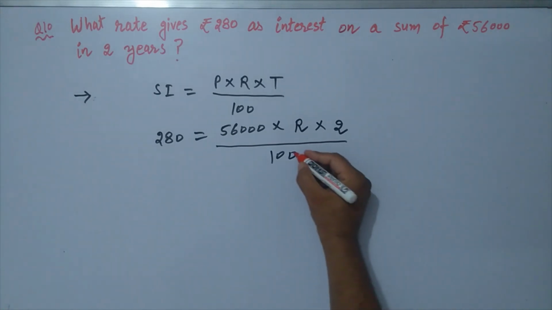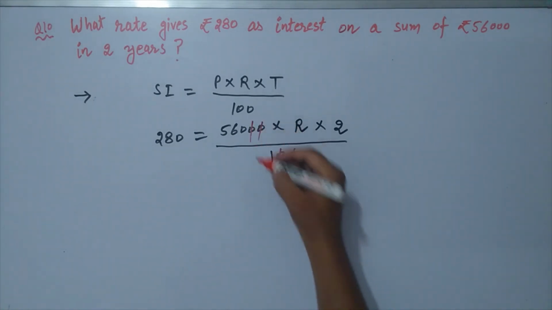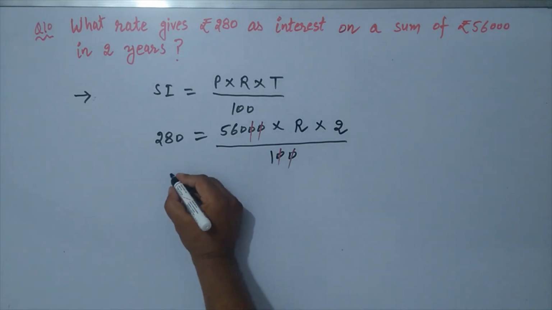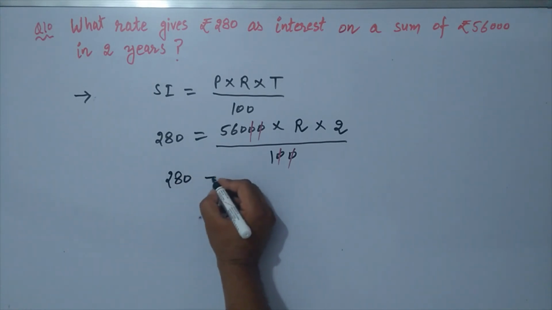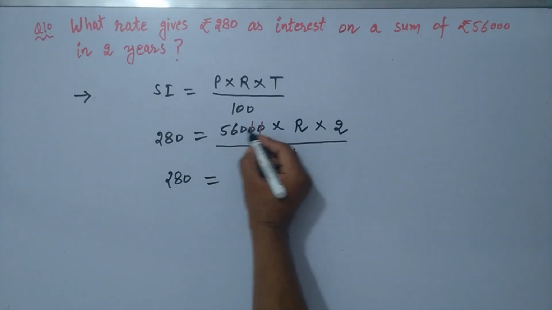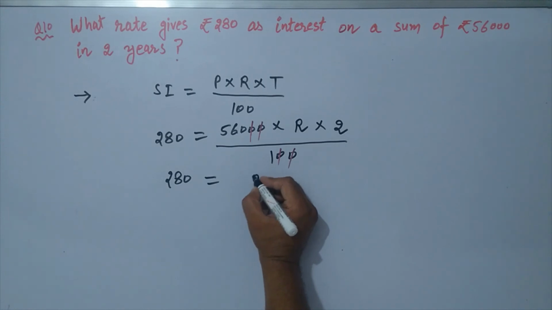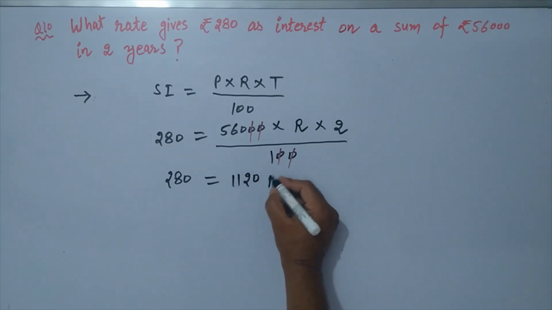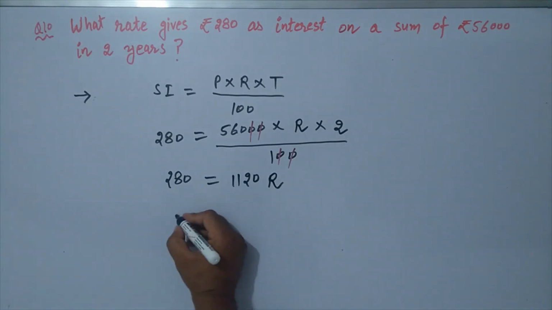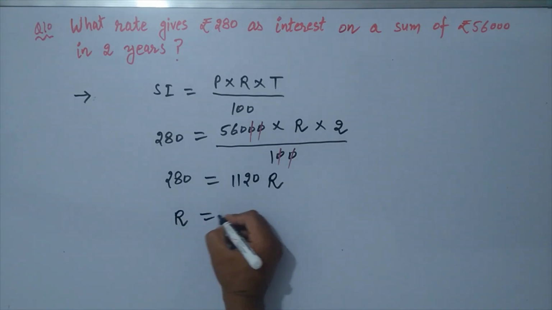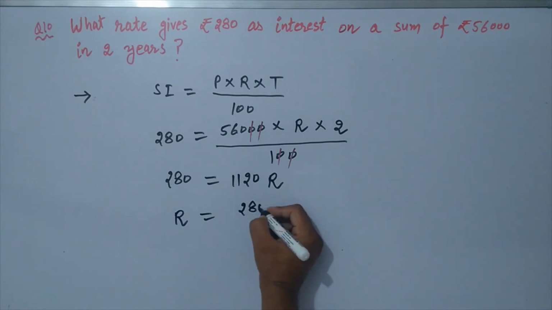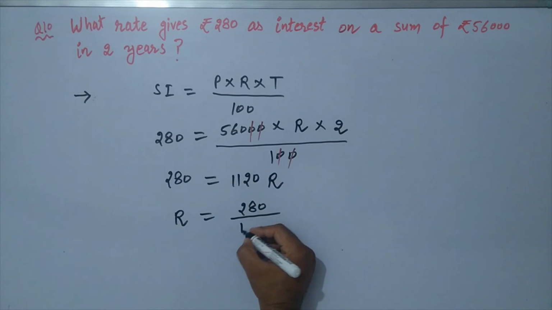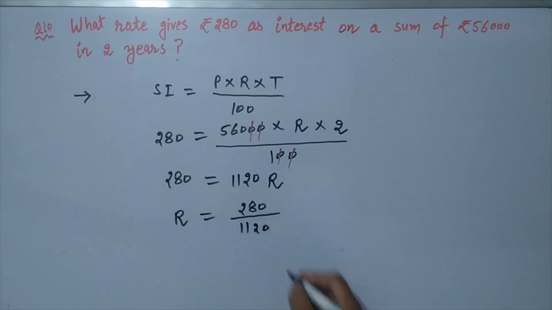Now what to do? Again we cancel the zeros. 2 zeros are cancelled. So what we are left with, 280 is equal to 560 into 2, 1120 into R. So we have R is equal to 280 divided by 1120.